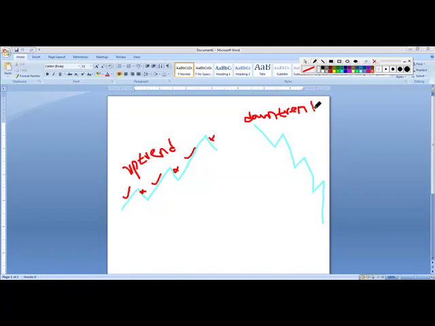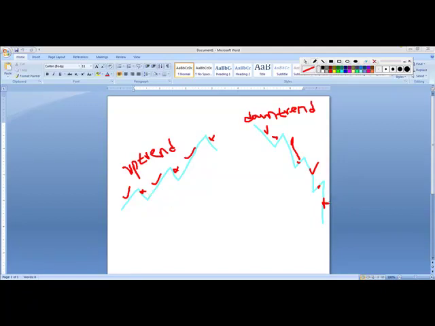In a downtrend, you have impulse leg, correction, impulse leg, correction, impulse leg, correction, right? And I have another impulse leg again. So this is the basic market structure.